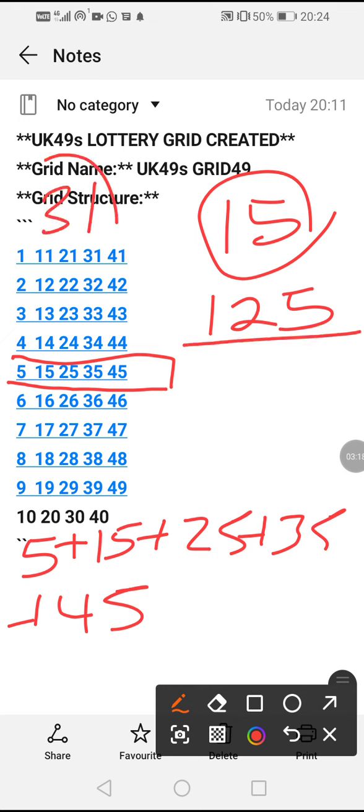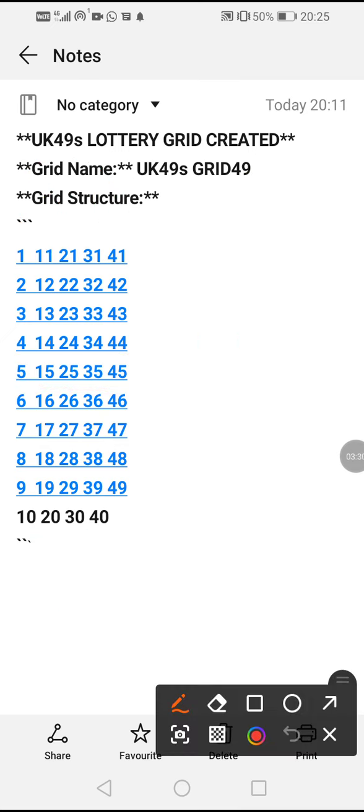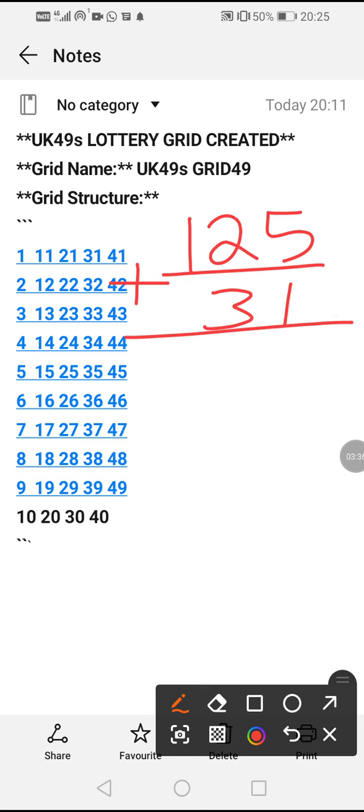If your date is 31, you add 31. If you say 125 plus 31, you get 156. Am I right? If I made a mistake, you guys have to check it up.